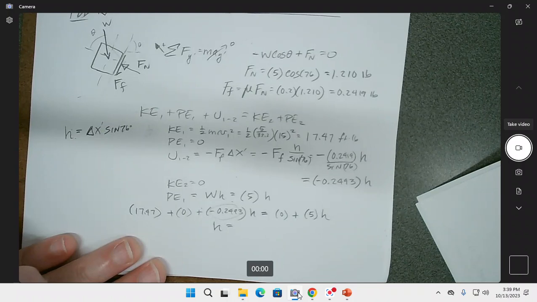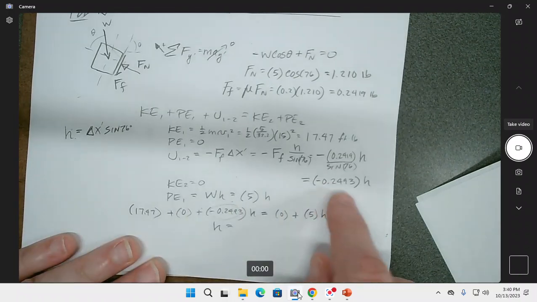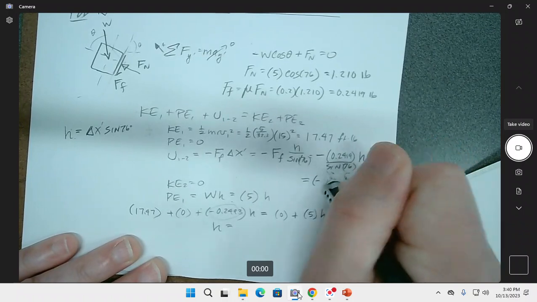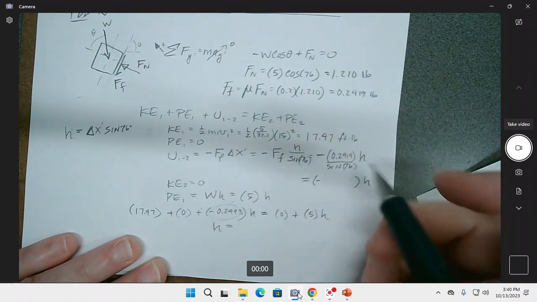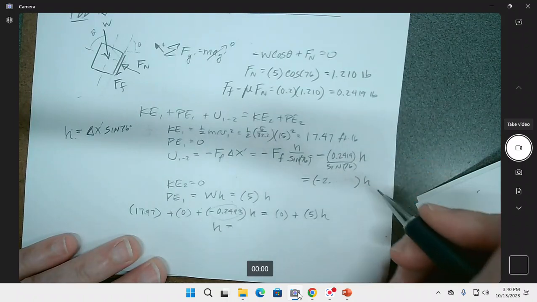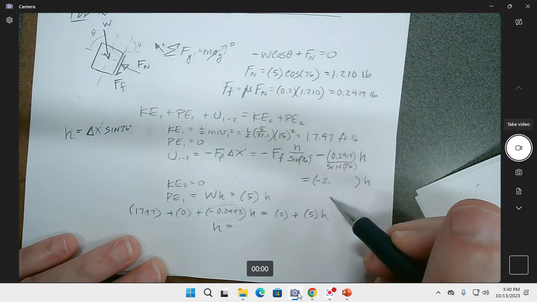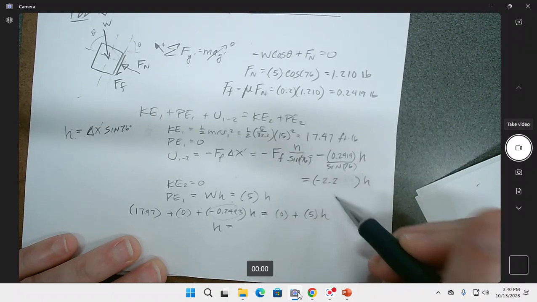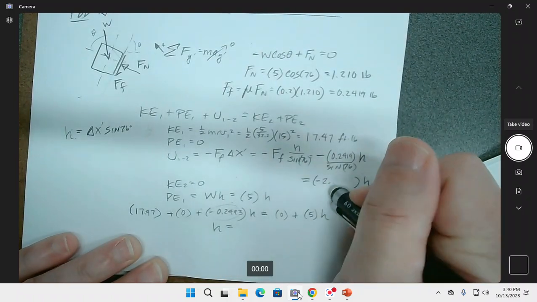Nope, that didn't work. Did I do something wrong? I'm looking at my calculator. Just because of the mode I have it in, it doesn't always do me a lot of favors. 0.2493, yeah.